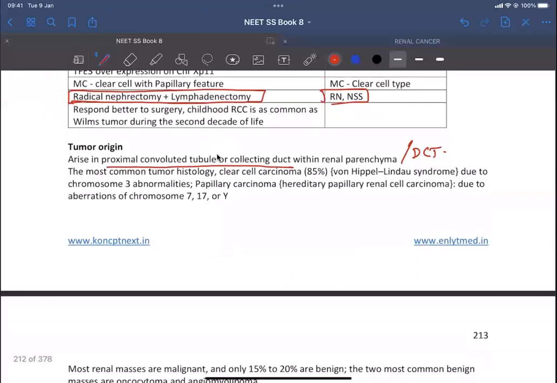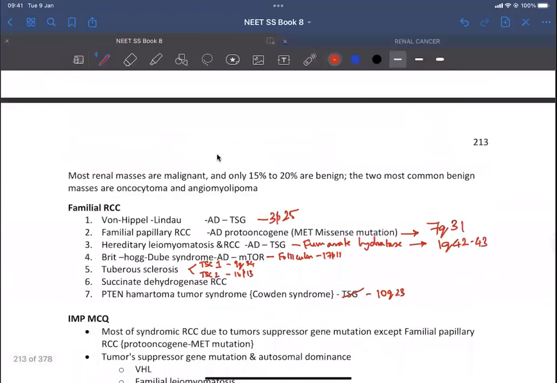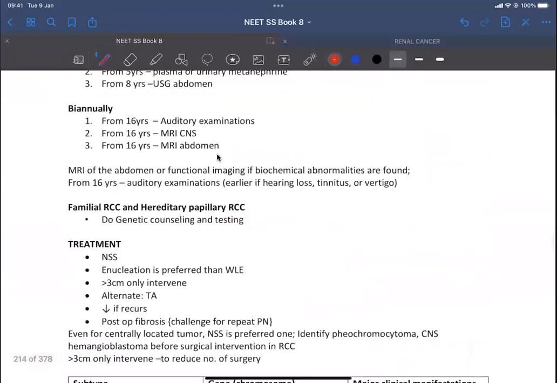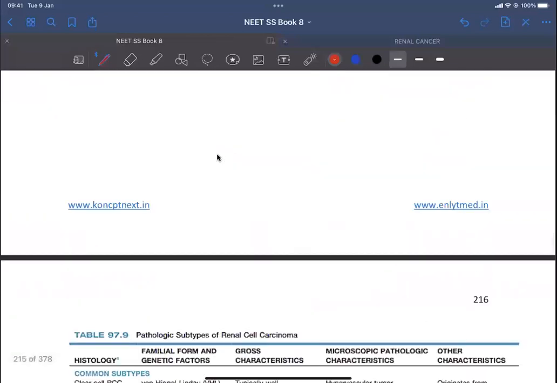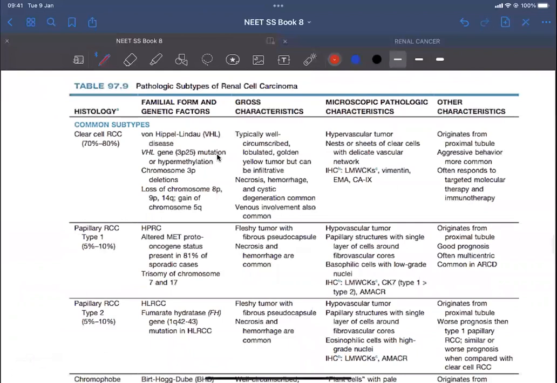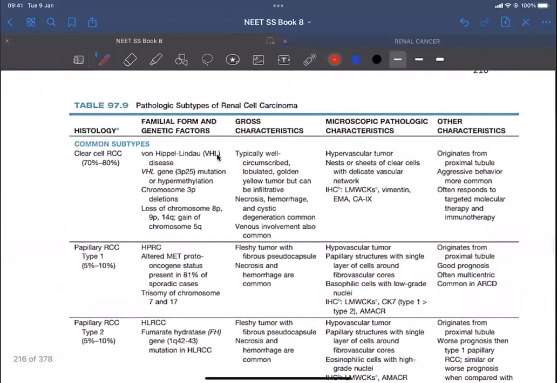The most common tumor histology is clear cell carcinoma. We'll do this first and then we'll come back to the rest. So the histological subtypes, most common is the clear cell carcinoma, and this arises from the proximal tubule.